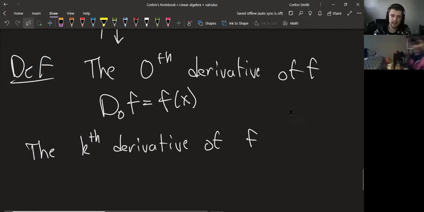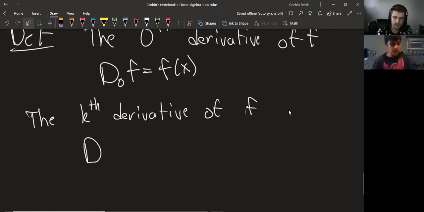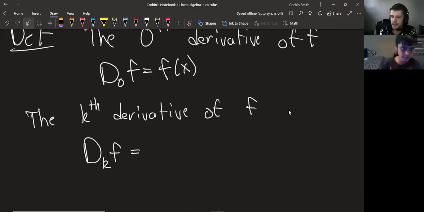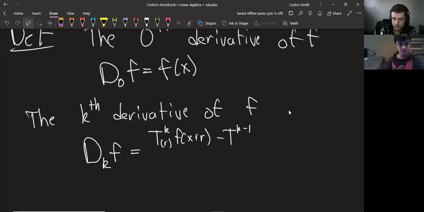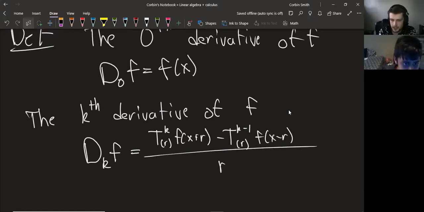Not quite. The kth derivative of f, Dk of f, we're going to say that is Tk at r of f of x plus r, minus Tk minus 1 at r of f of x plus r, and this time we're going to divide by r to the kth power.